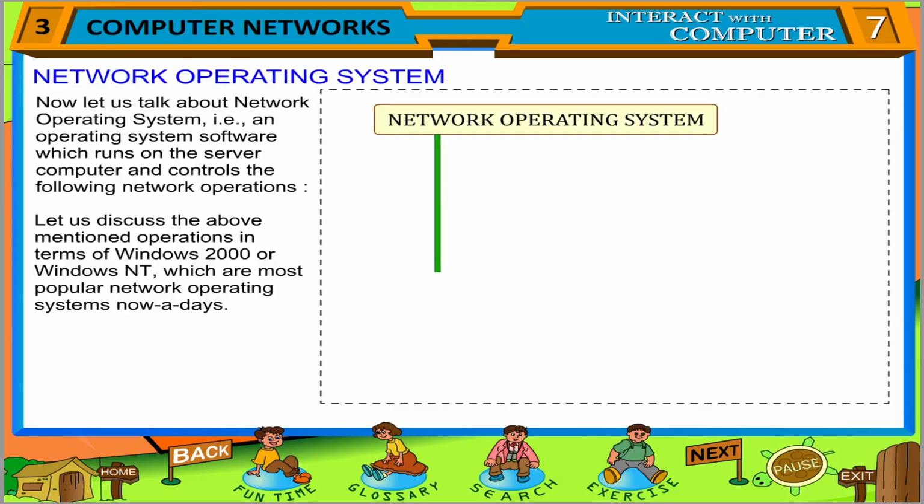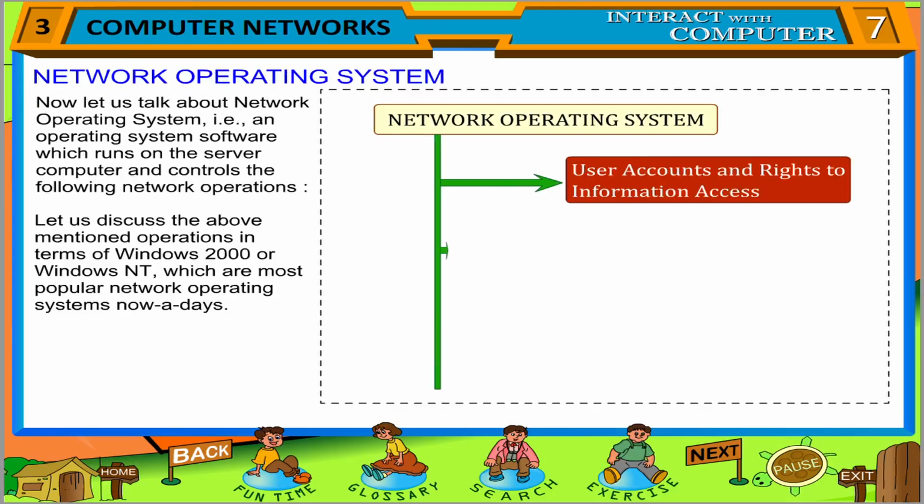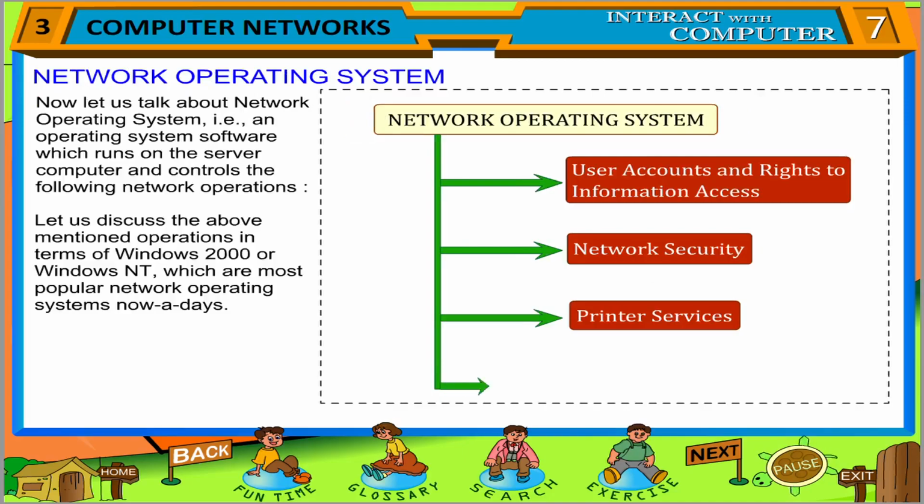Network Operating System. Now let us talk about Network Operating System. That is, an operating system software which runs on the server computer and controls the following network operations: user accounts and rights to information access, network security, printer services, information sharing.